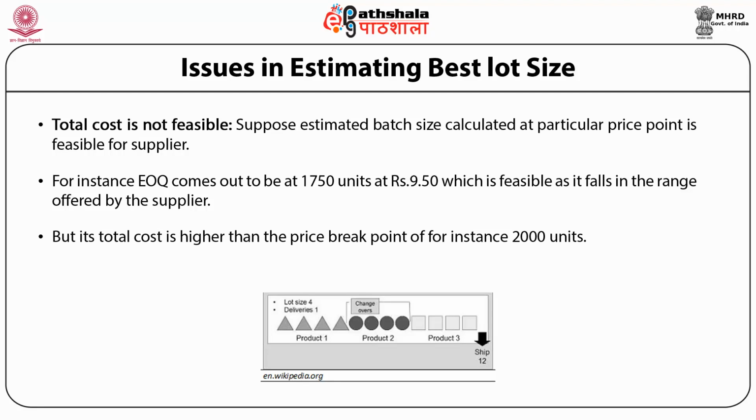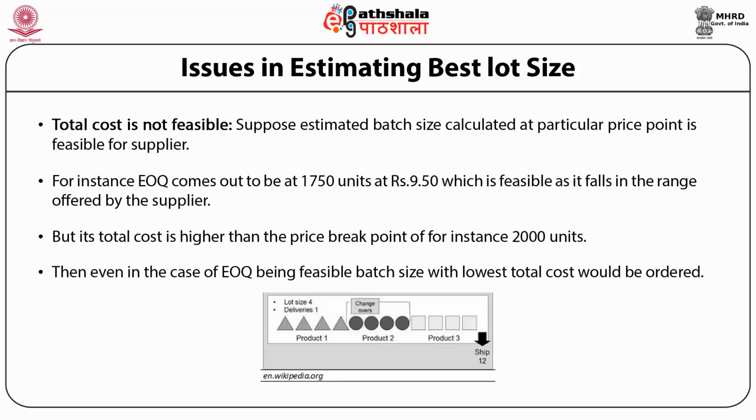But its total cost is higher than the price breakpoint, for instance 2000 units. Then even in the case of EOQ being feasible, batch size with lowest total cost would be ordered.